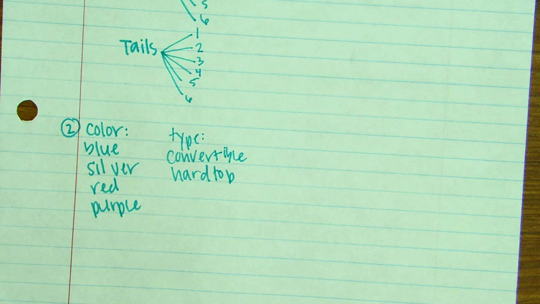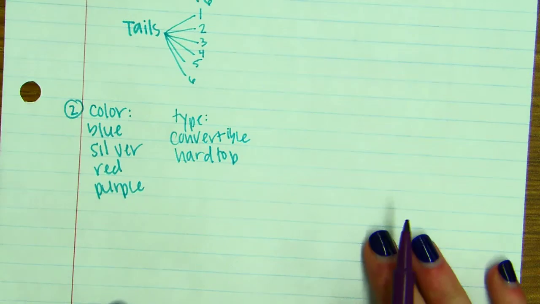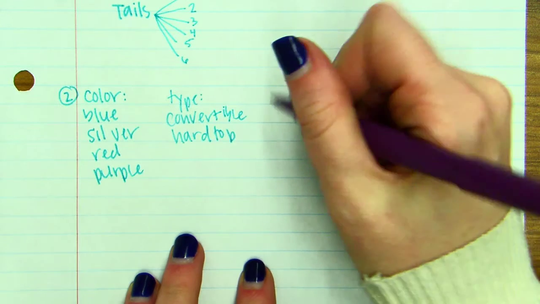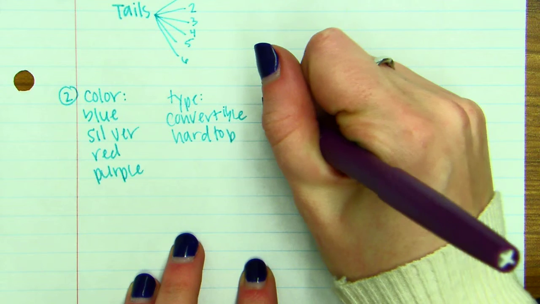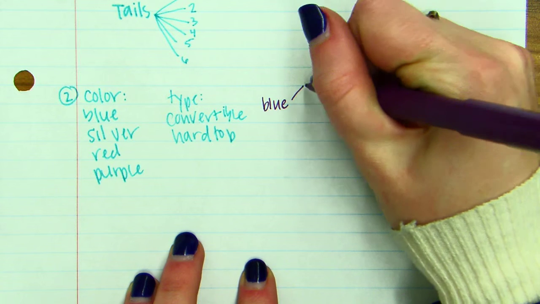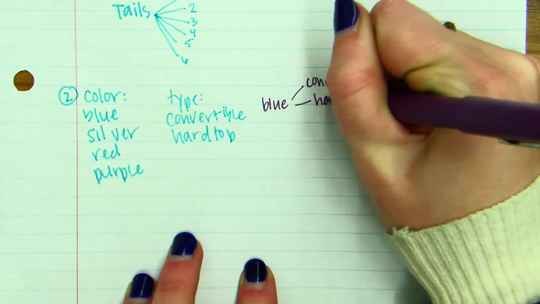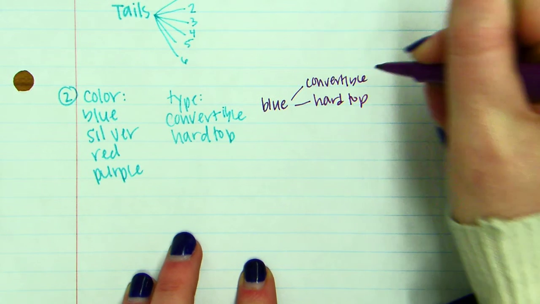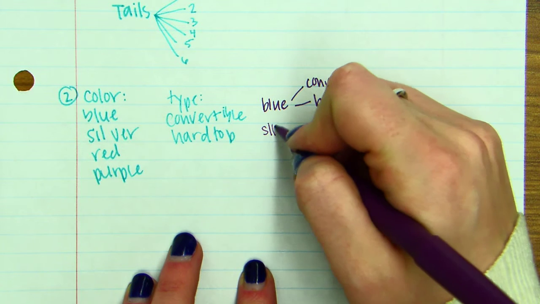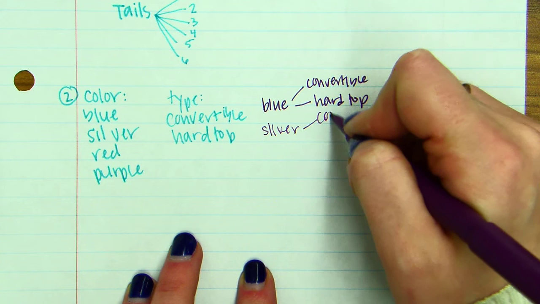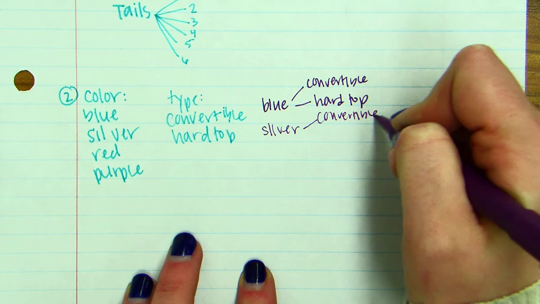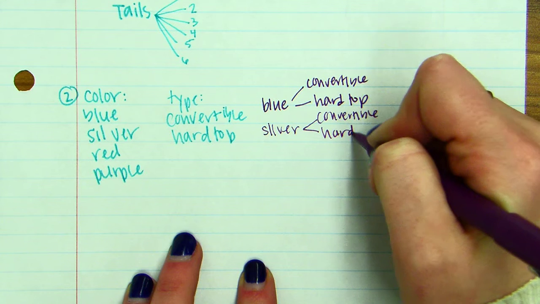So if I have a blue car, it could be convertible or it could be a hardtop. If I have a silver car, it could be a convertible or it could be a hardtop.